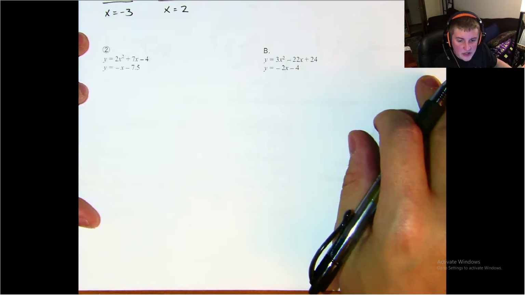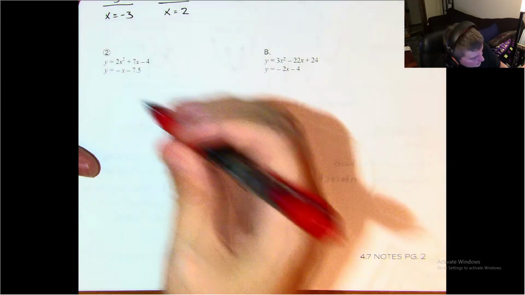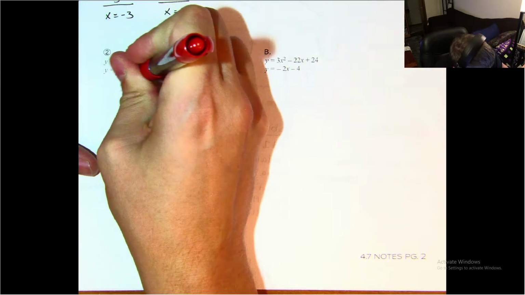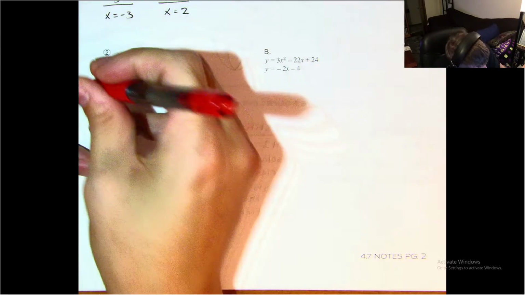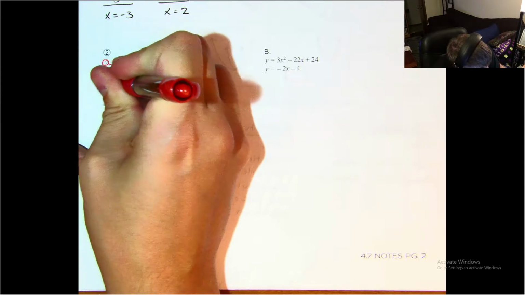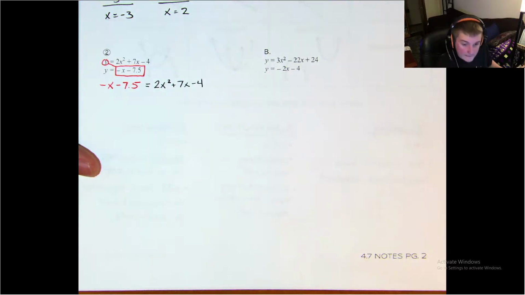Okay, so when I'm looking at number 2, kind of the process is the same. I already see my variables are isolated, so I'm going to take what it's equal to and substitute it into the other equation. So I have the opposite of x minus 7.5 is equal to 2x squared plus 7x minus 4.